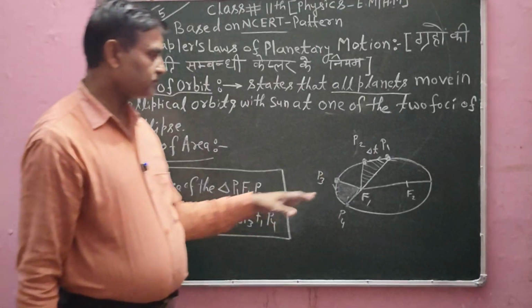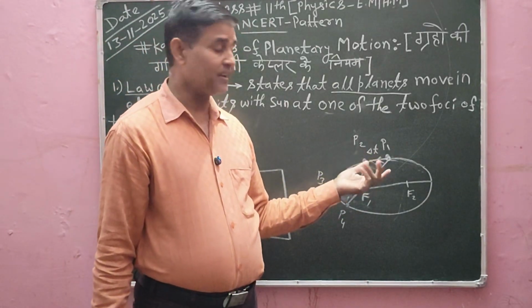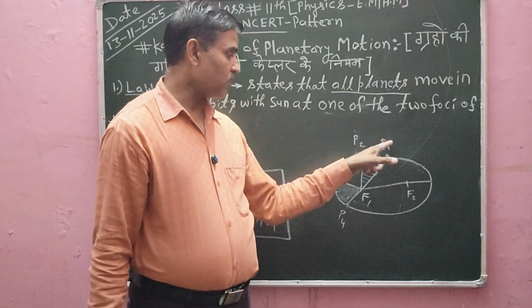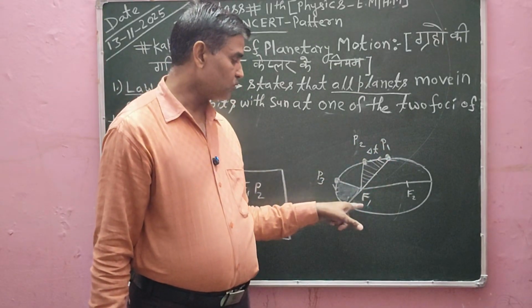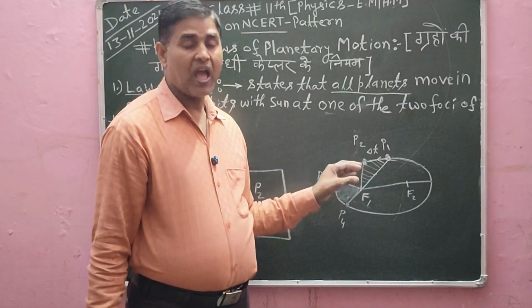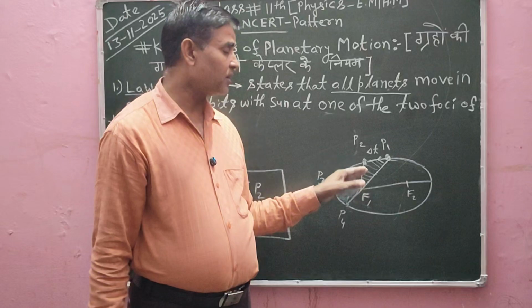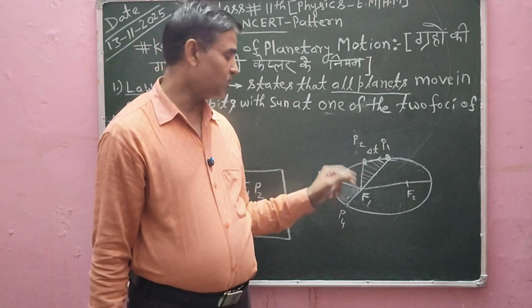So if there is an elliptical path, and on the elliptical path a planet is moving from point P1 to P2, and I have joined point P1 to F1 and P2 to F1, I have got a shape, and after getting the shape I have calculated the area of that shape. I have got a finite value.